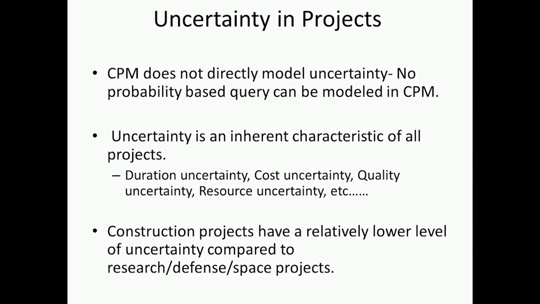The first time somebody is doing something, it's much more difficult to manage the uncertainty on these open-ended projects than in construction. So techniques for uncertainty modeling are much more prevalent in research or defense projects rather than construction. But of late, tools for modeling uncertainty have started coming into construction management practice, and we will talk a little bit about this in the introductory slides.